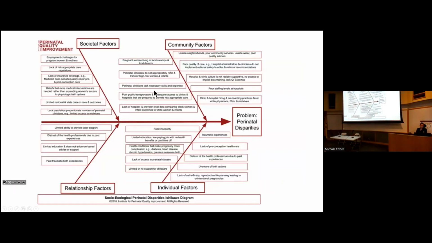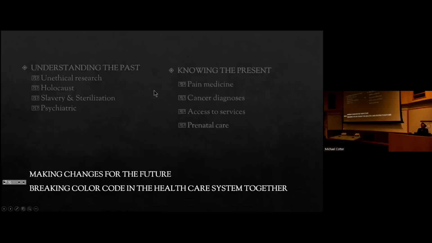So for those who are interested in digging deeper into the issue, just be aware that there are societal factors, but also community factors, and they lead to the problems, perinatal disparities. Relationship factors affect that as well, and individual factors, and that makes it very complicated.